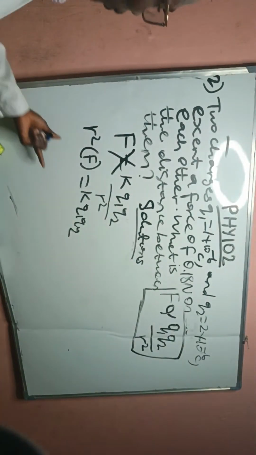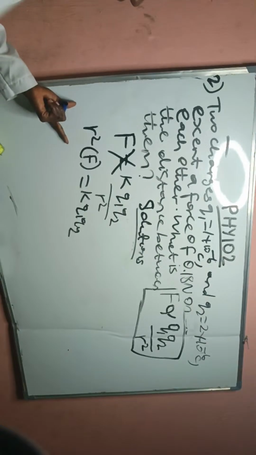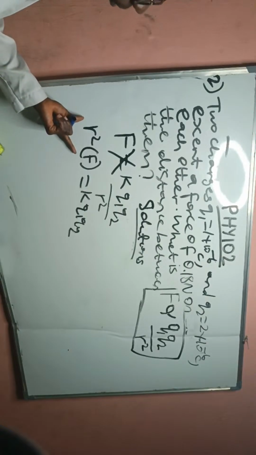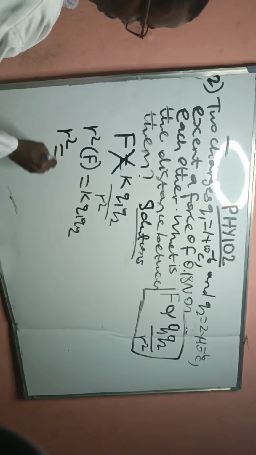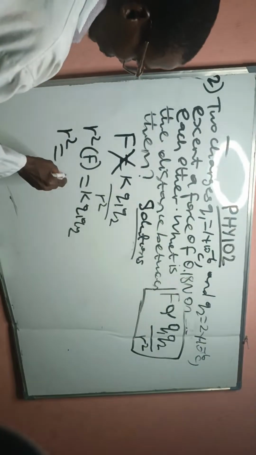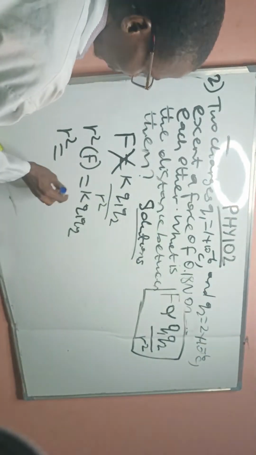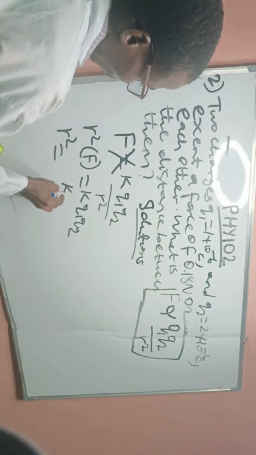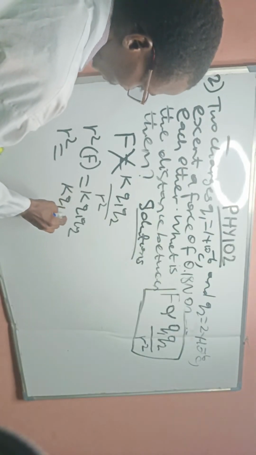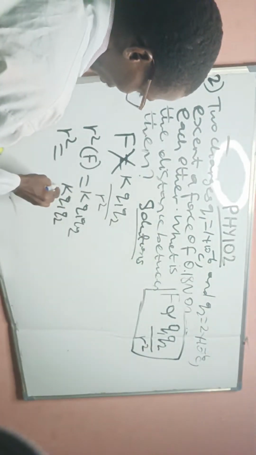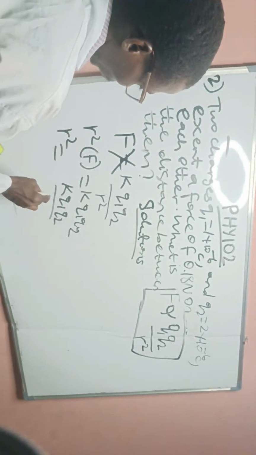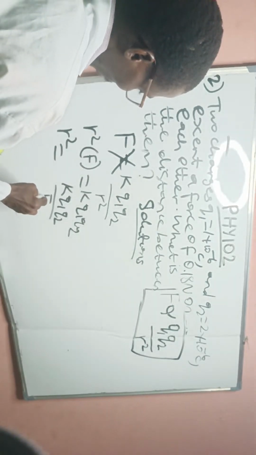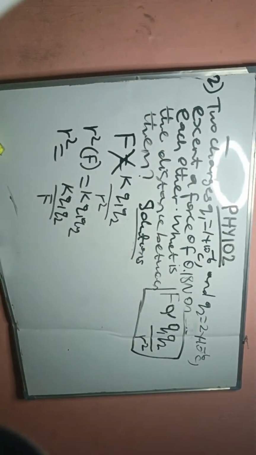Then we now divide both sides by the coefficient of R squared, which is the distance. We now have that R squared is equal to K Q1 Q2 all over F. Please, this thing is very, very important.